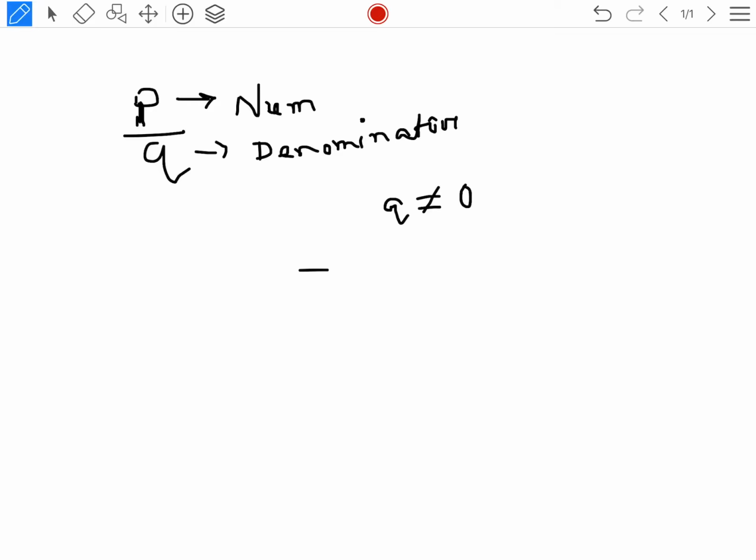If Q is equal to 0, then what will happen? Suppose 5/0. What will happen if it is 5/0? If we divide any number by 0, then what will happen?